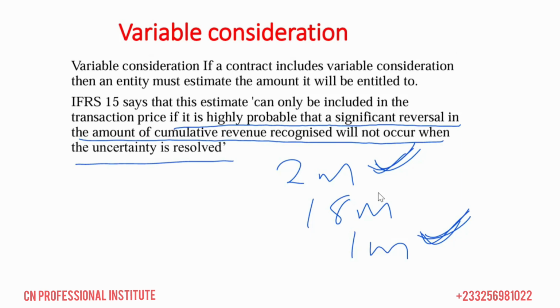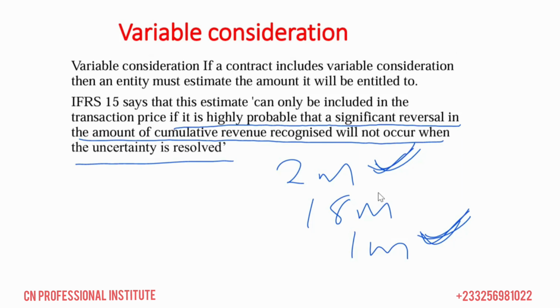Now, what do we mean by this? IFRS 15 says we should record variable consideration only when it is highly probable that a significant reversal in the amount of cumulative revenue recognized will not occur when the uncertainty is resolved.